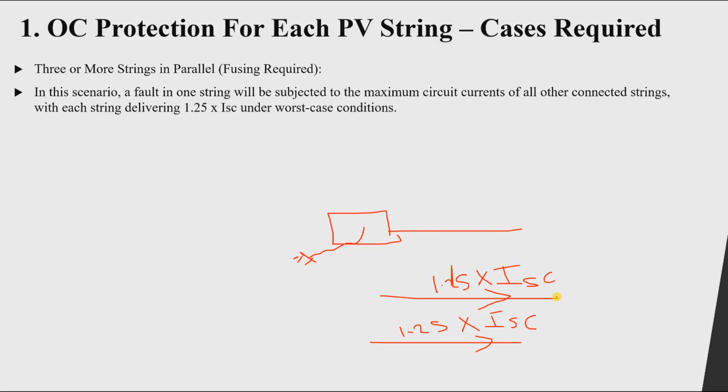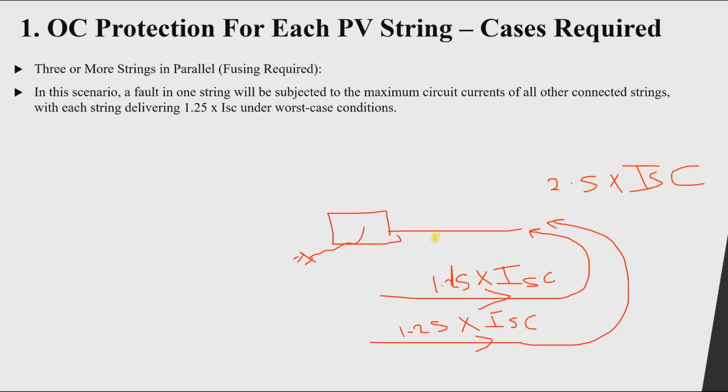We will get a current coming from this string to here, and the current coming from the other string here. So what is the total short circuit current? It will be 1.25 multiplied by I short circuit plus 1.25 multiplied by I short circuit, which is 2.5 multiplied by I short circuit.